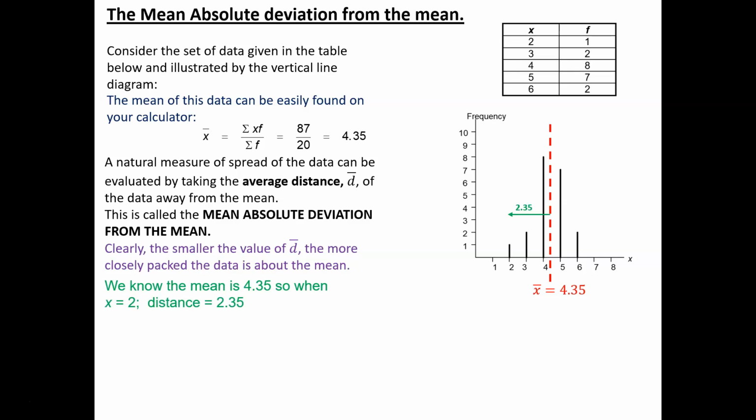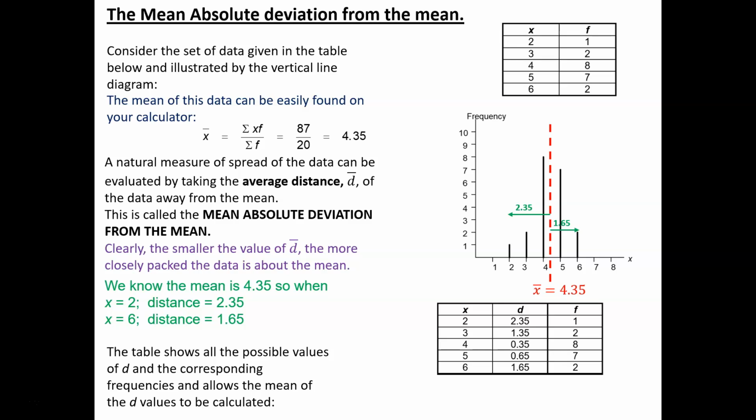We know the mean is 4.35, so when x equals 2, the distance of that data away from the mean is 2.35. Similarly, when x is 6, the distance of that data away from the mean is 1.65. We can now add a column to our table showing the distance of each of the data values away from the mean.